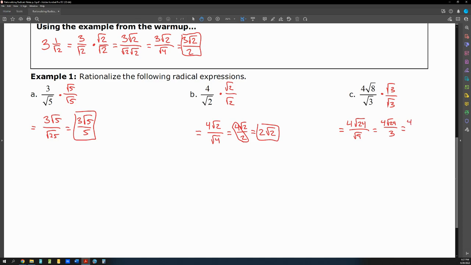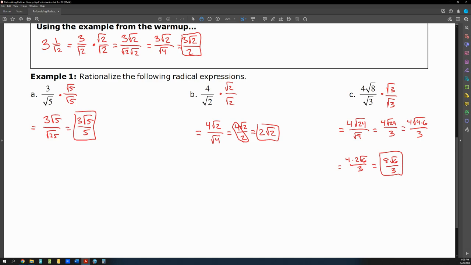So I have 4 times the square root of 4 times 6 over 3. And I know that the square root of 4 times 6 is the same as 2 root 6. So I have 4 times 2 root 6 over 3, which is equal to 8 root 6 all divided by 3. And that's our final answer.